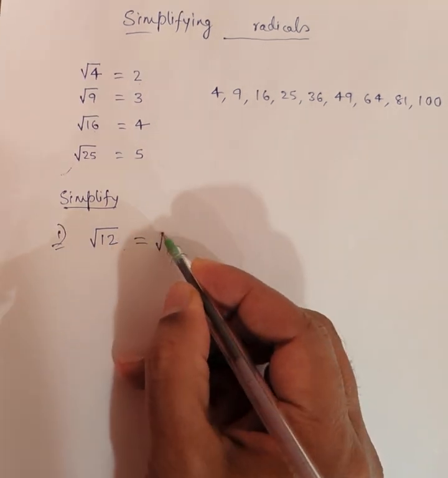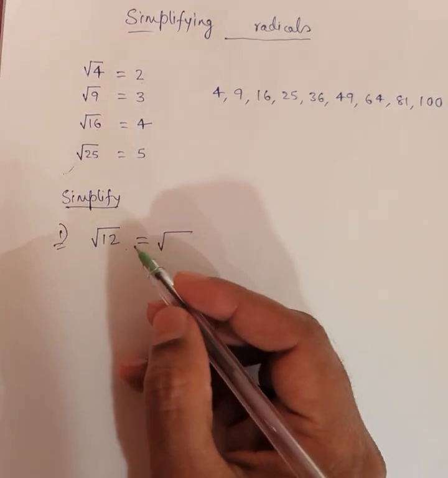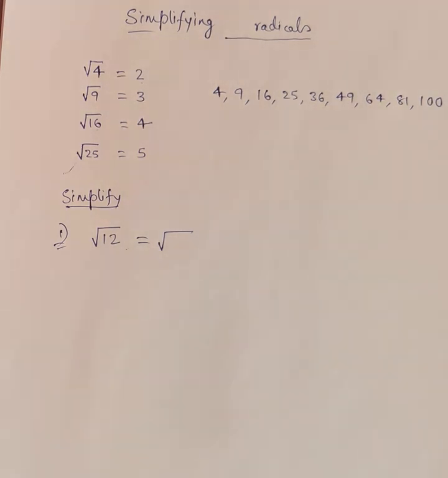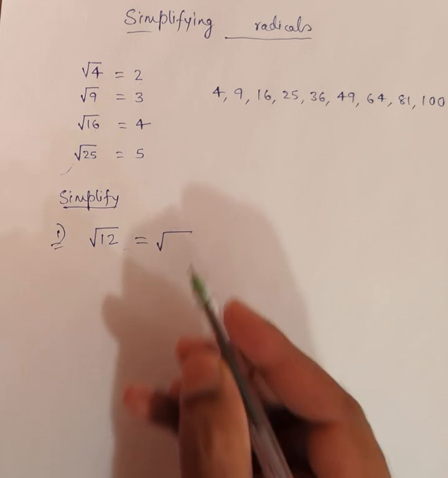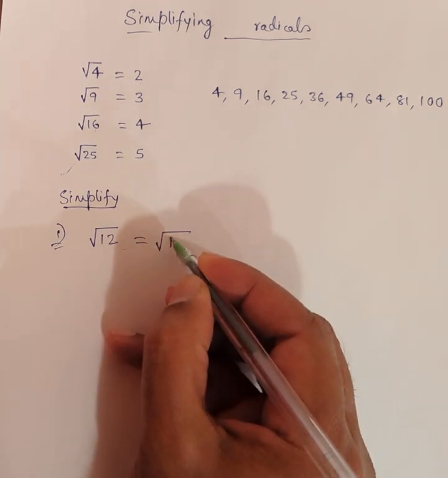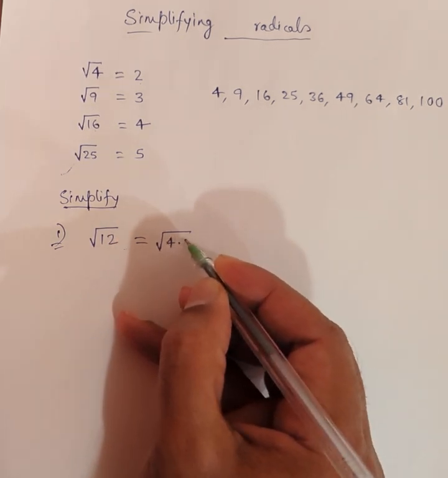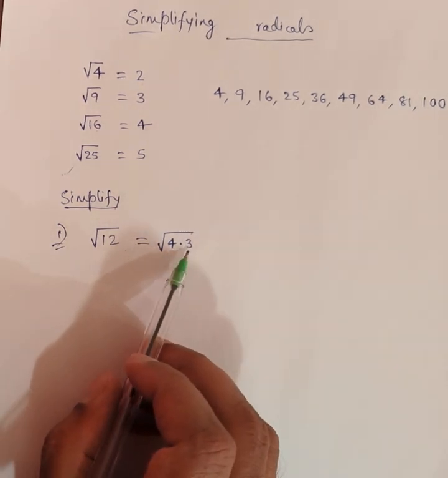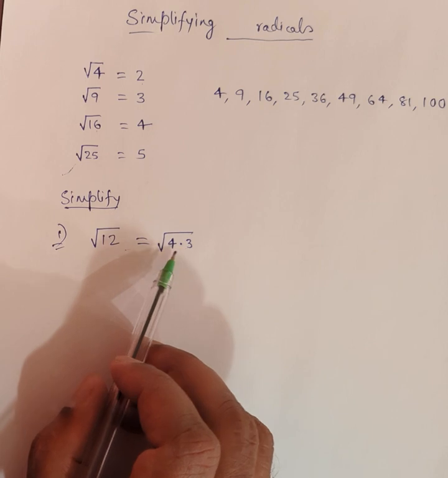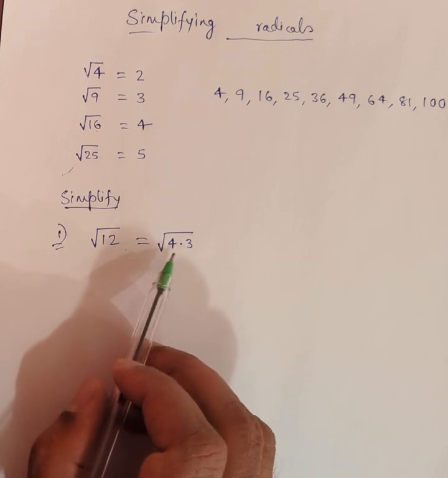But I can break it down as, I want to think multiplication. What two numbers can I multiply to get 12? There are several options, but this one is better, 4 times 3. Why? Because 4 is a good number and of course 3 is a bad number, but at least we have one good number.